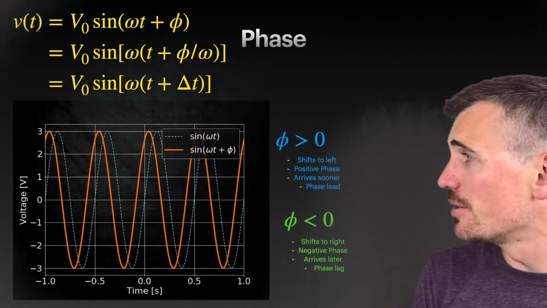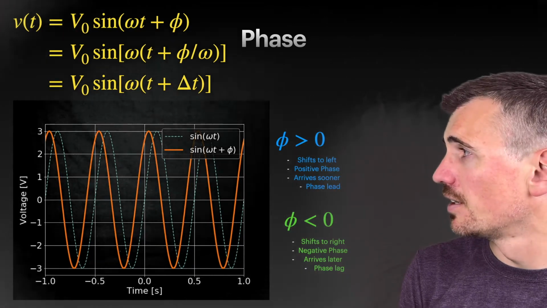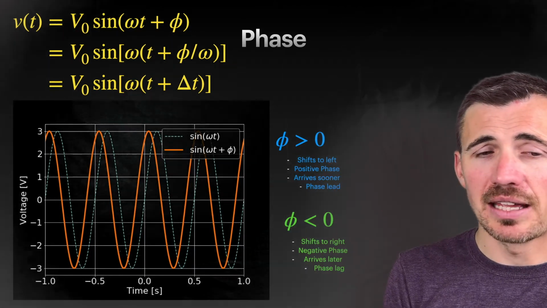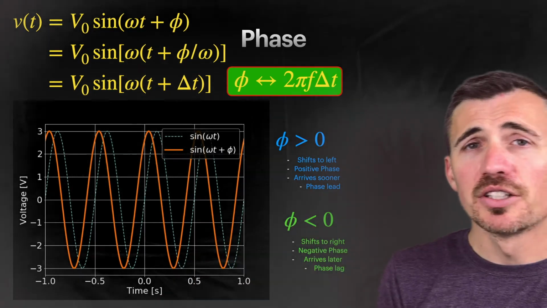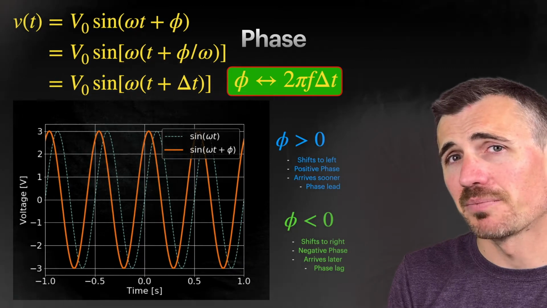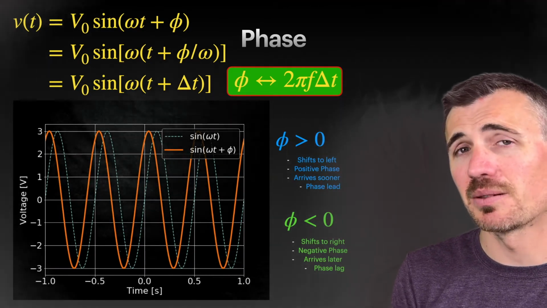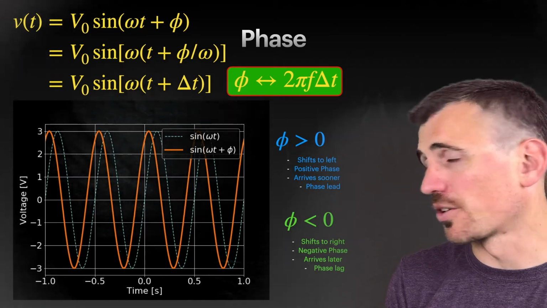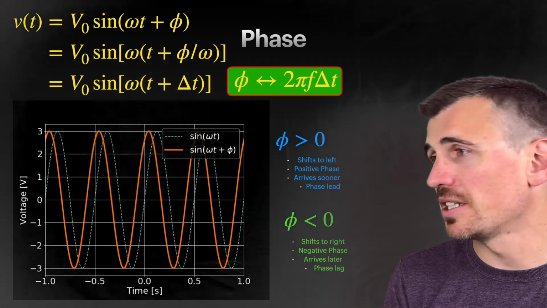So our time shift is actually just phi over 2 pi times f. We can rearrange that and write it explicitly as a linear relation. So the phase shift is 2 pi times f times my shift in time is the resultant phase. Another way I'd like to write this sometimes is that phi over 2 pi is the same as delta t over the period.